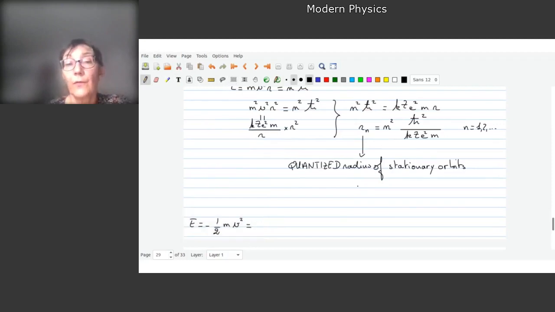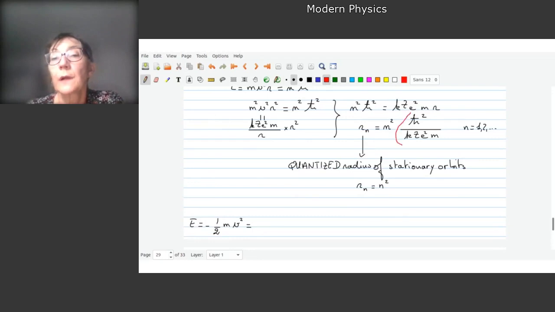We have Rn, which is equal to n square, times some constant which doesn't depend on the nucleus. So you have h bar square over k and so on.